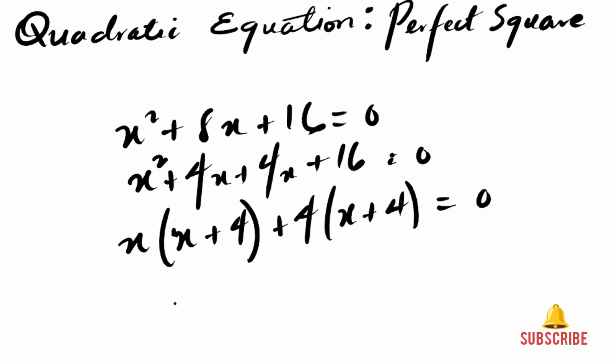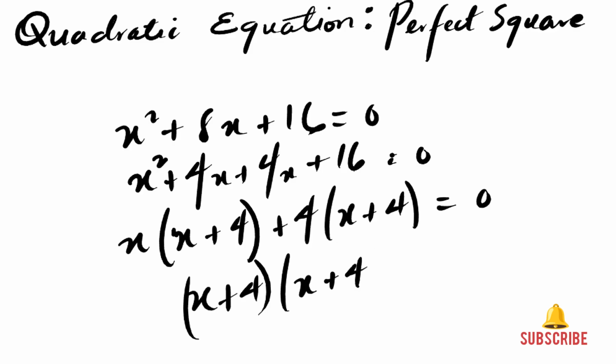Then let's bring out the common factor. x plus 4 is common, so we bring it out, and what is left is x plus 4 equals 0. Then we bring the two together.